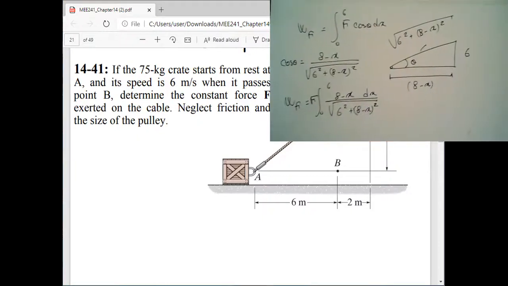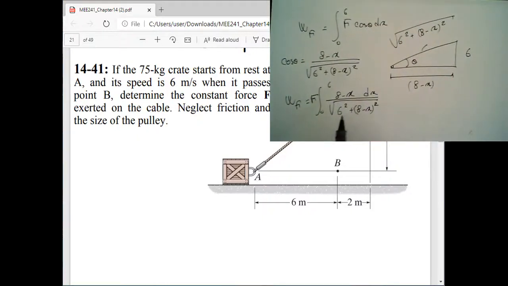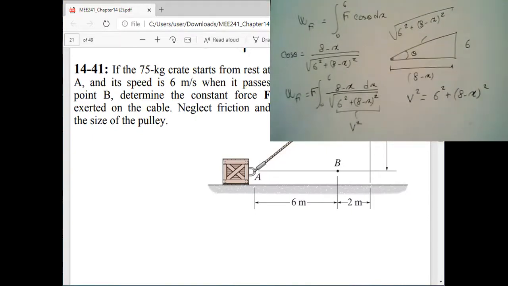Okay, so those few who are math savvy will recognize that I can actually make this guy equal to v squared, right? So if you let v squared be equal to 6 squared plus 8 minus x squared, I can do a replacement of variable in this integration to be able to integrate that.